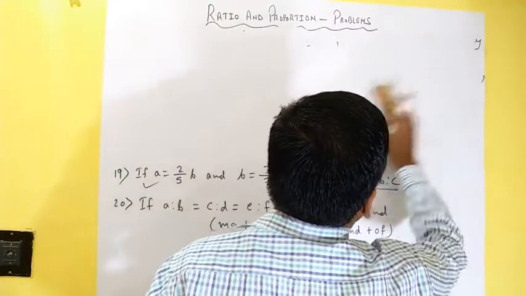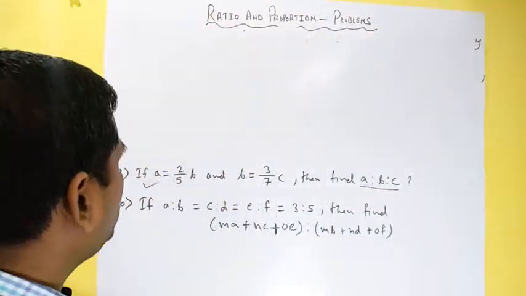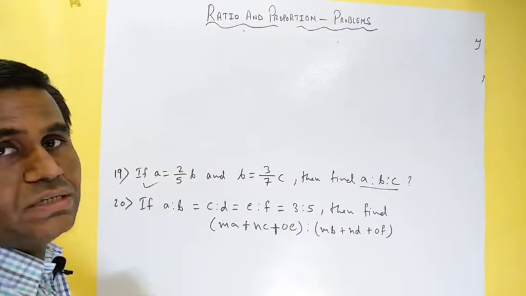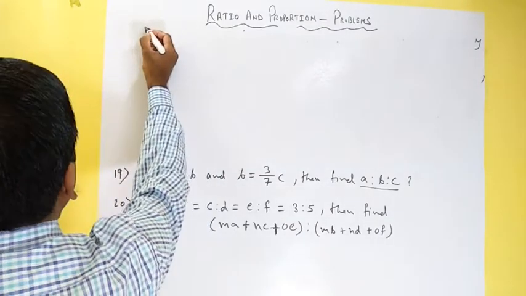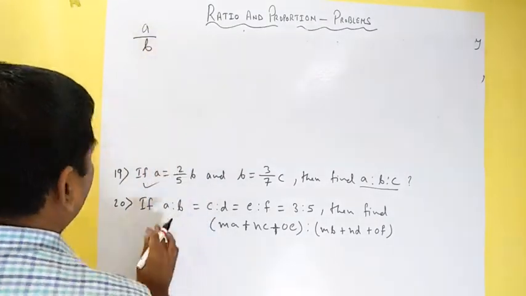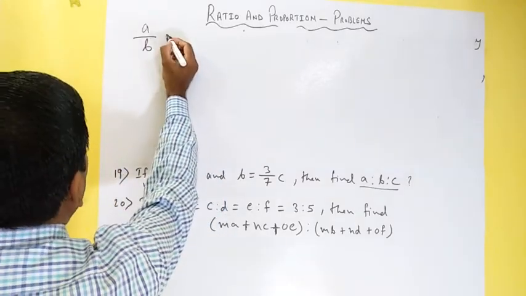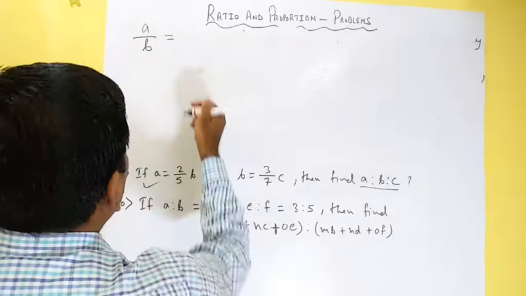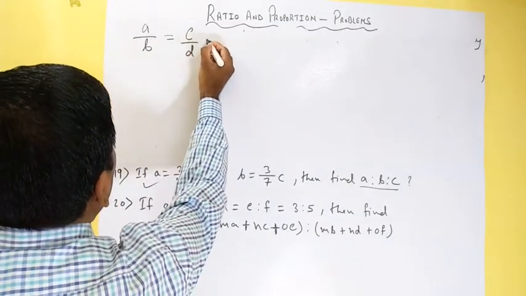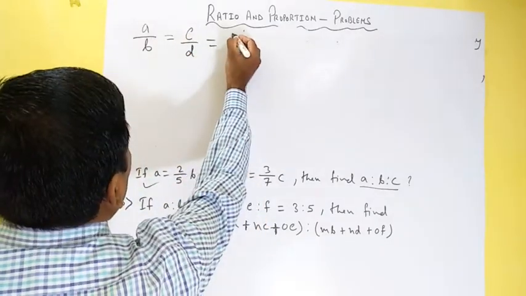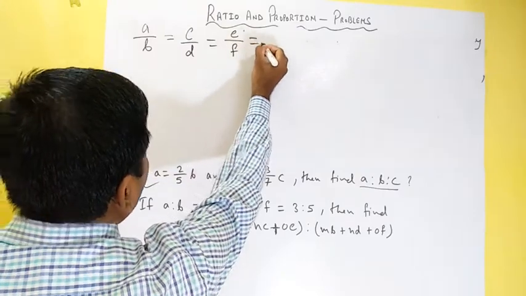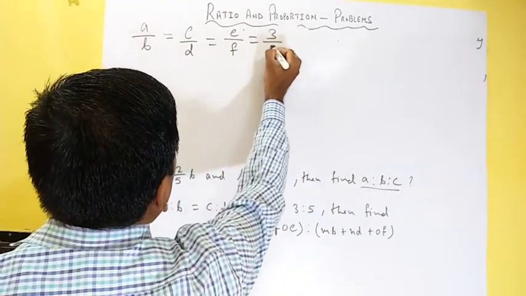Just the last problem. So here what I am going to do is, first I will write what is given. We have A by B, the ratio is given. I can also write it as A by B is equal to C by D is equal to E by F is equal to 3 upon 5.